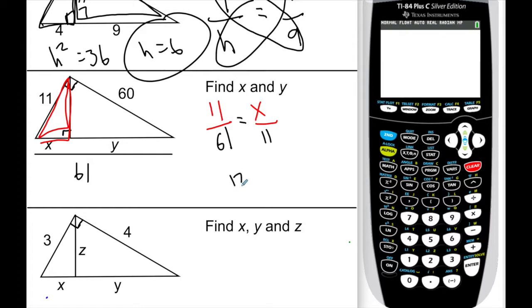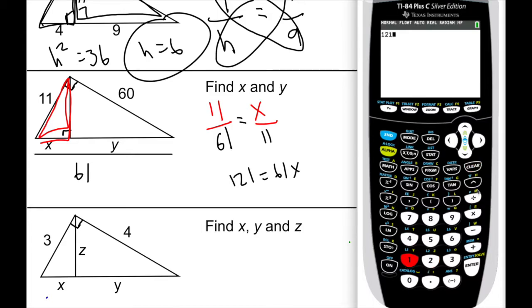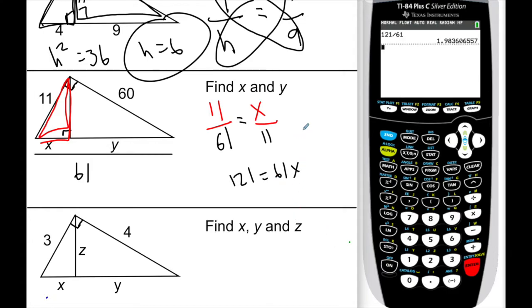So I've got 121 is 61x, and if I do that out, I get X is, I'll allow for now, 1.98 about. It's not technically correct, so technically we should say X equals 121 over 61, okay?